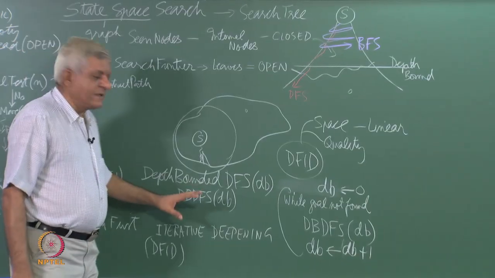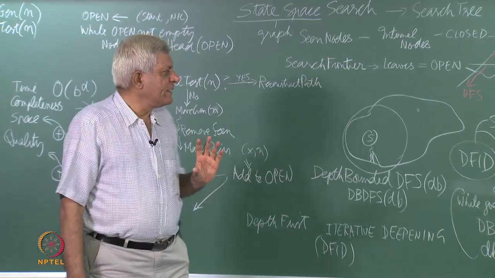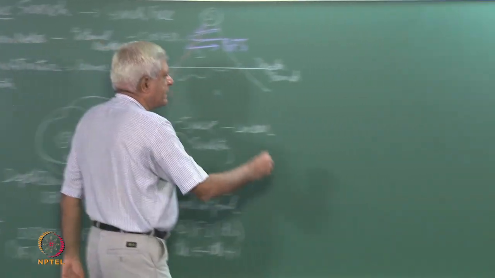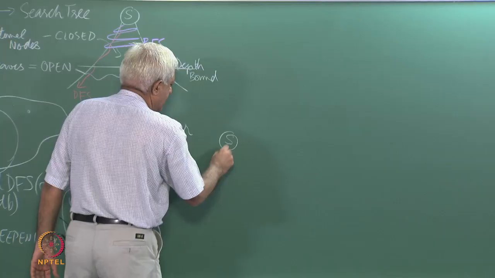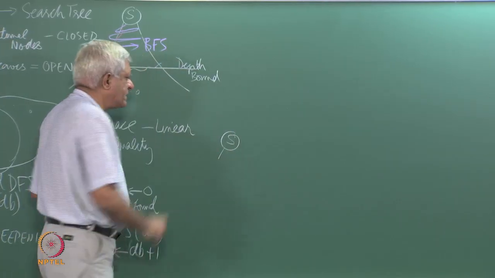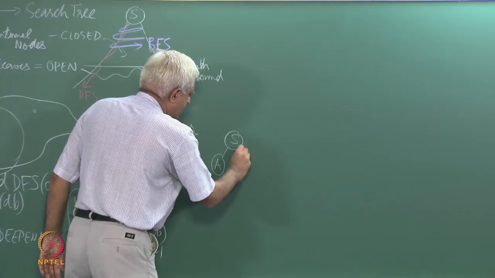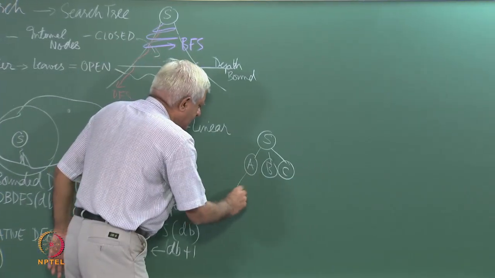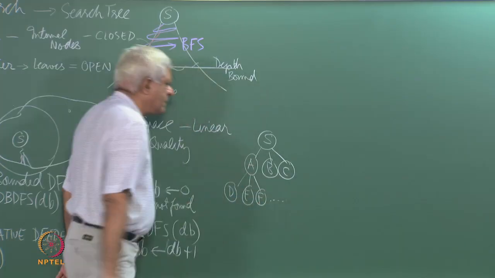Yeah, so the answer is, what is the behavior of this algorithm? If you look at only the new nodes, now what is this algorithm doing? It is going to re-inspect many nodes. So, let us say we have a search tree in which we start with S, then in the first round we look at only S, then in the second round we look at S, A, B, C, then in the third round we look at, let us say this is D, E, F and so on and so forth.